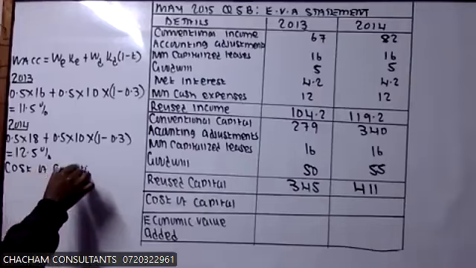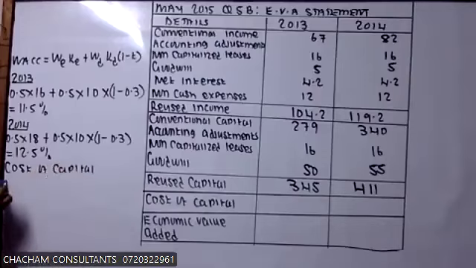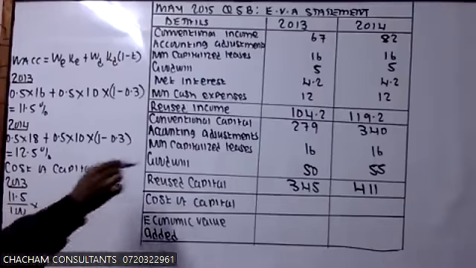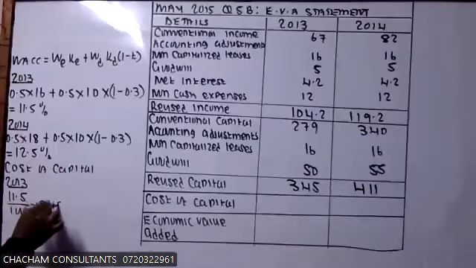So cost of capital in 2013 will now be 11.5% of 345.